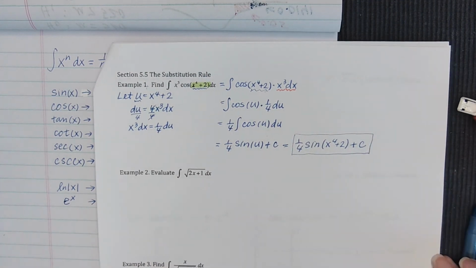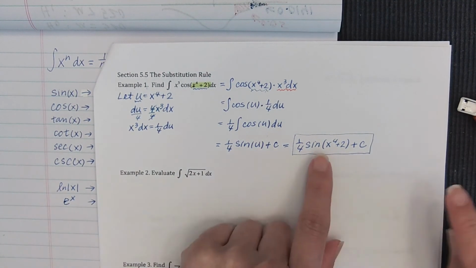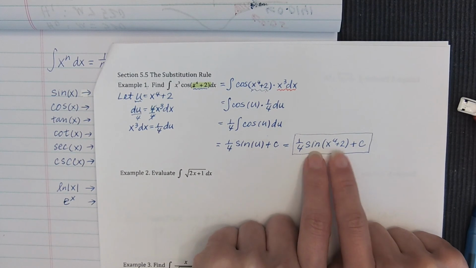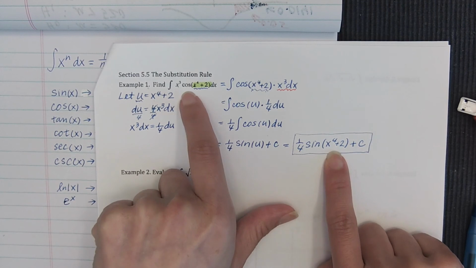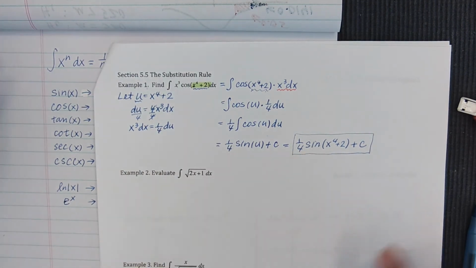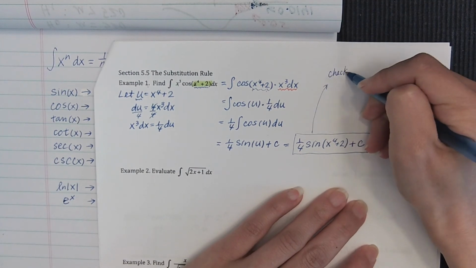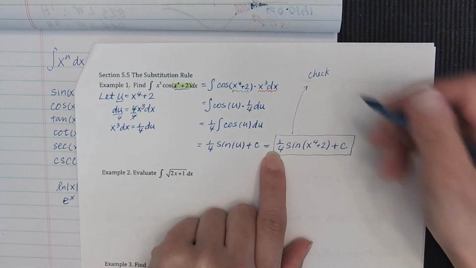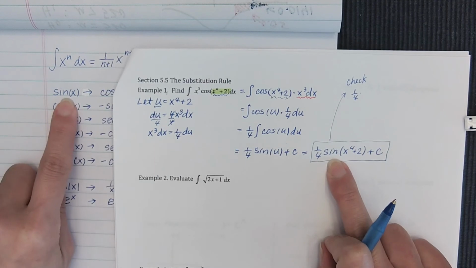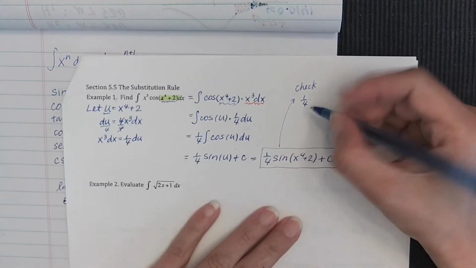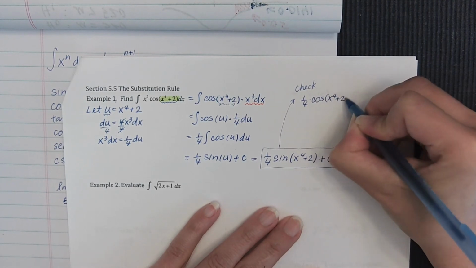Okay. I can always check whether this is right or not. If I take that derivative, you should come back to the original. I want to double check the answer. So I will take the derivative. 1/4 stays 1/4, right? The sine, if I take the derivative, becomes the cosine. Cosine of x to the 4 plus 2.